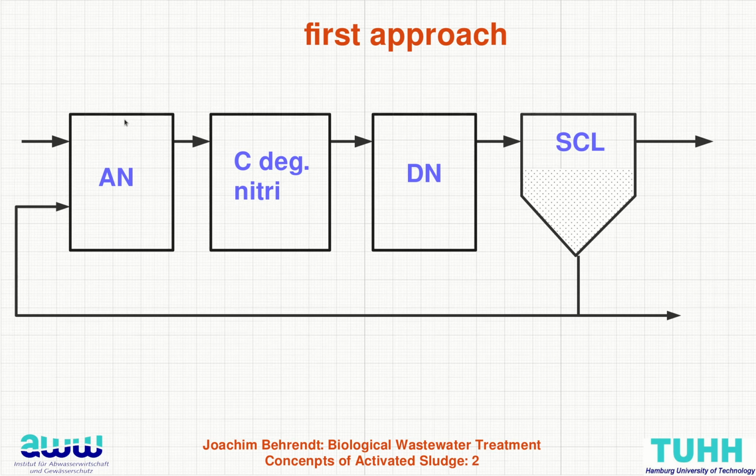tank in the beginning, which is quite useful to make a growth advantage for phosphate storing bacteria. Also we want to perform biological phosphorus removal. Then we have in the water COD and ammonia, and to undergo this treatment we need a step for the C degradation and nitrification.